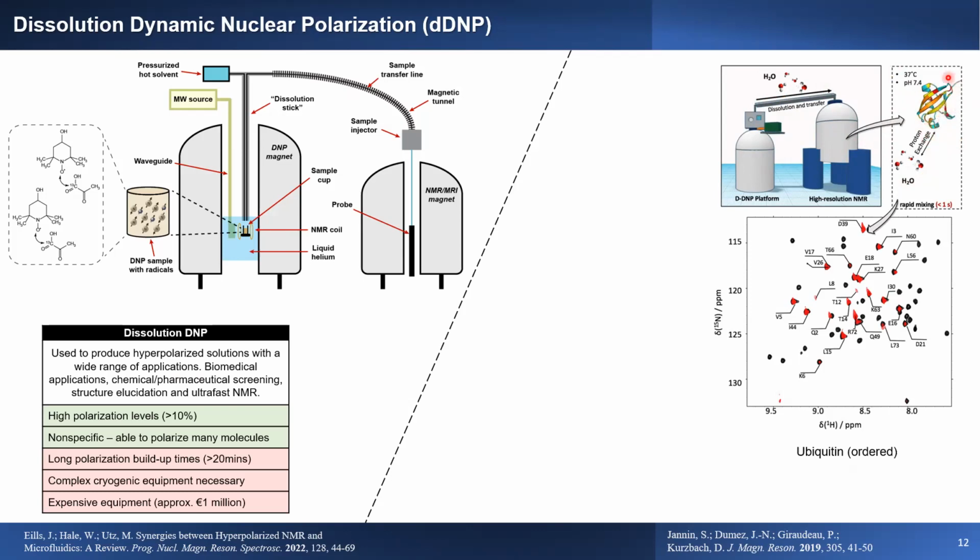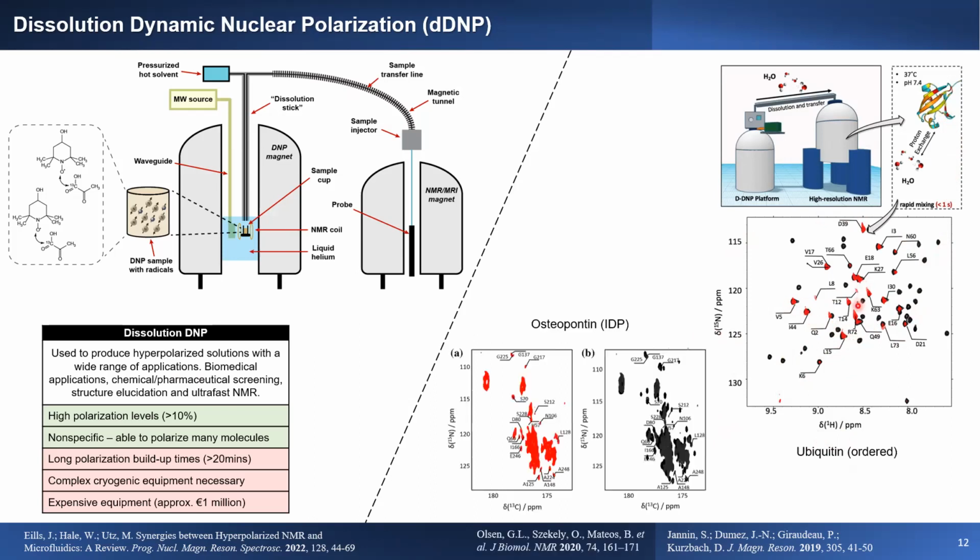And so what's shown here by the different colors is which residues show the highest signal enhancement. So you can get an idea of which residues are exposed to the solvent versus ones that are perhaps coiled up and hidden in the hydrophobic core of the protein. And so this is like a 2D NMR spectrum, proton nitrogen, showing signal enhancements in specific residues in red.